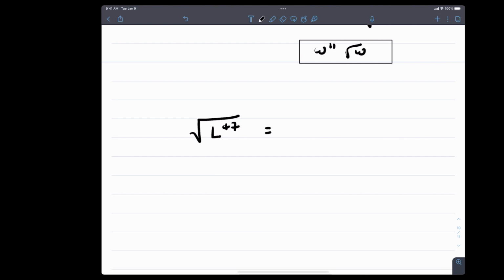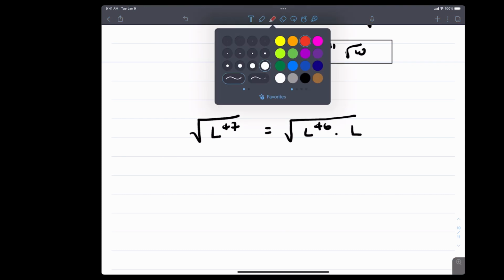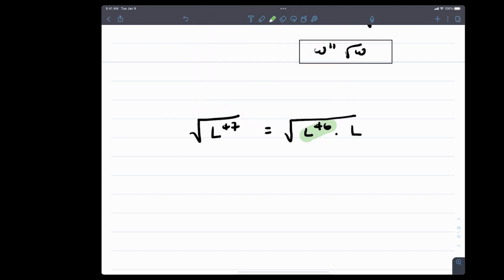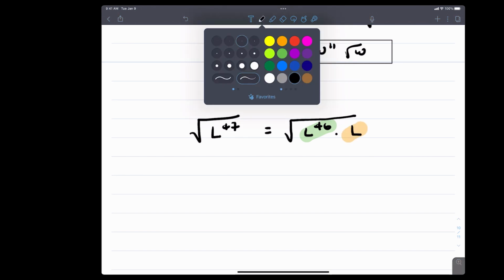You go, oh no. It's very simple. What's the largest perfect square that goes into L to the 47th power? Sometimes the silliest examples are the ones you remember the most. So what color do we color? Green, and then what? Yeah, I think you're right.